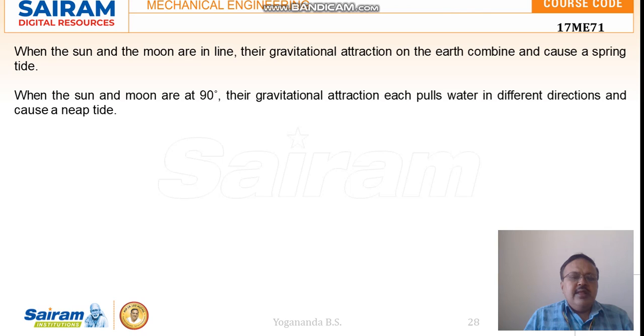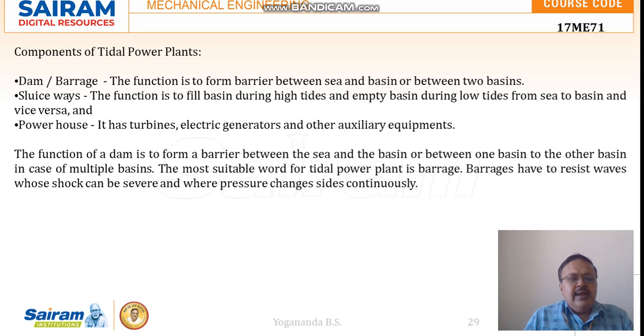That is, when the sun and moon are in the same line, the tide caused is called the spring tide. When the sun and moon are perpendicular to each other, their gravitational attraction pulls water in different directions, and it is called the neap tide.